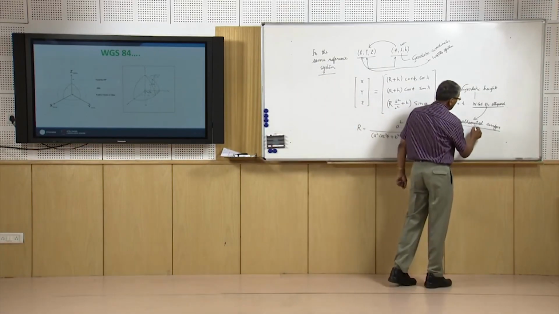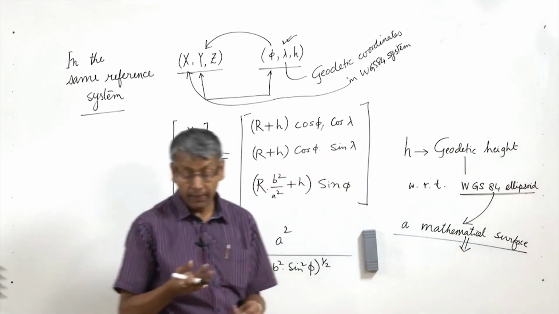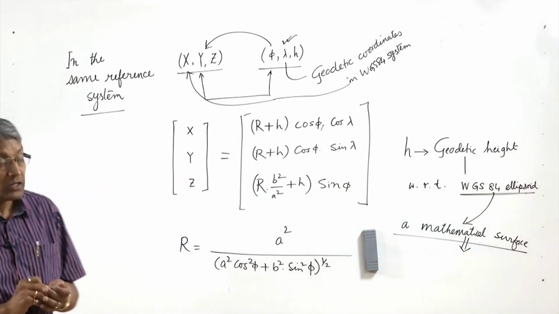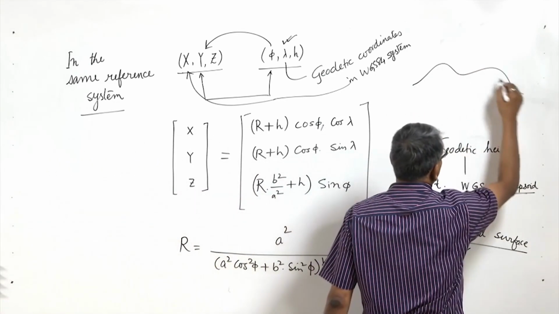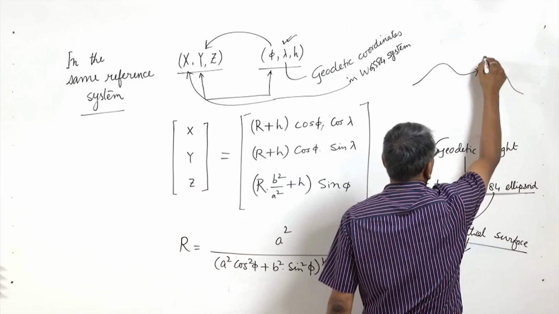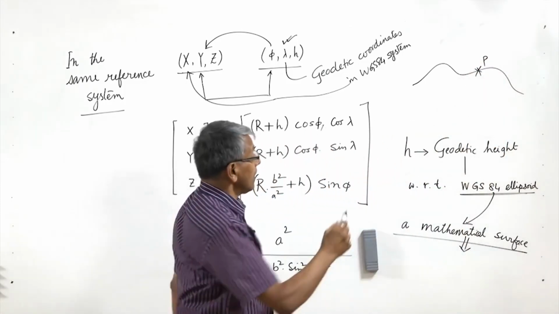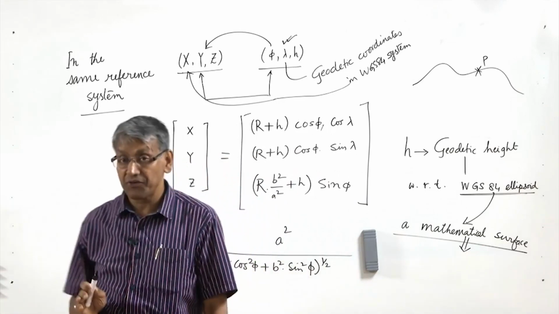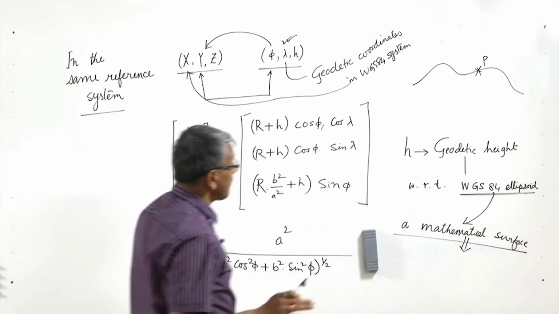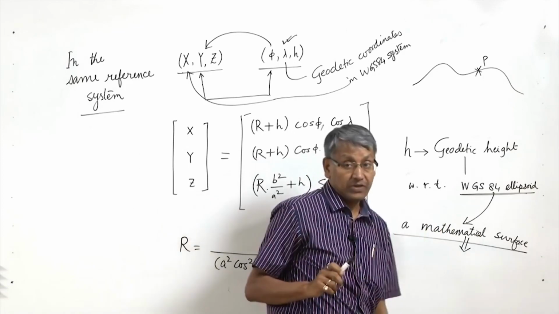So it does not have much practical utility. When we consider the height of any point on the surface of the earth, we need the height on some physical surface of the earth, not from a mathematical surface.